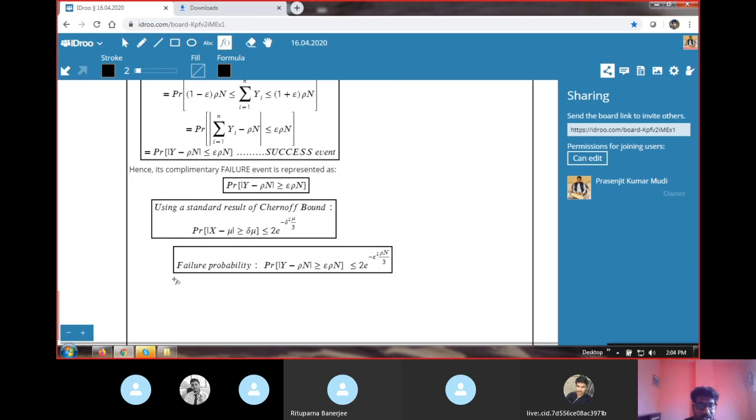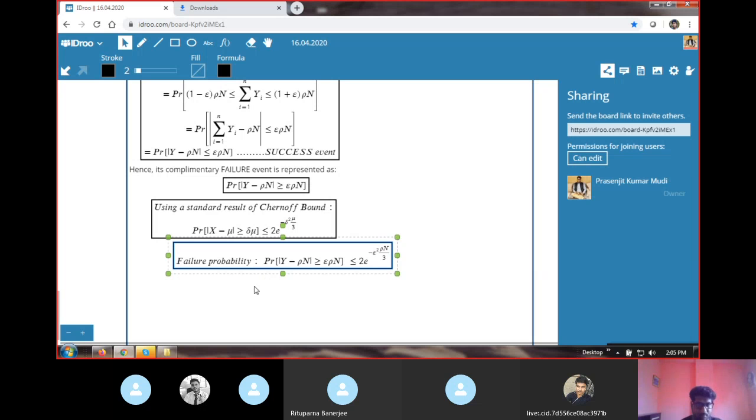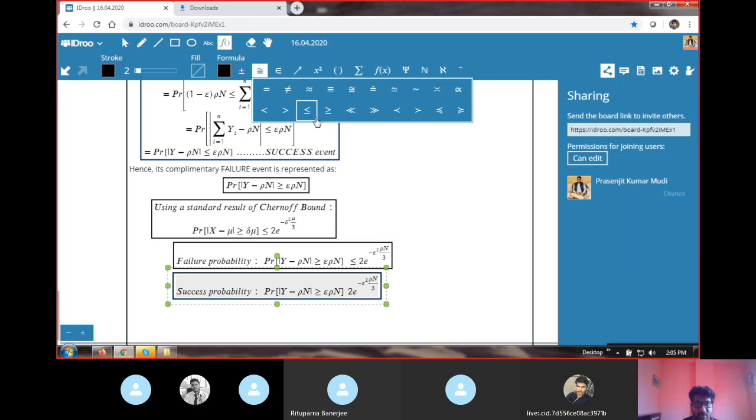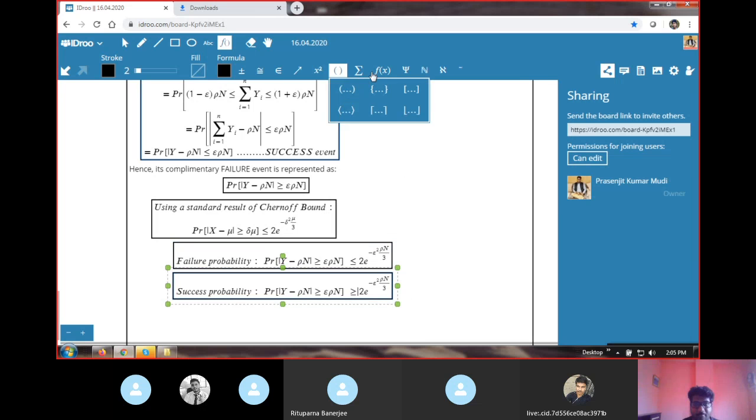Okay, so in the next line we can say that here we have the success probability. Success probability is more than or equal to this.